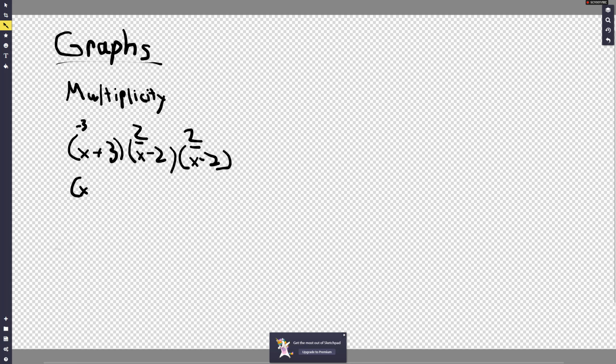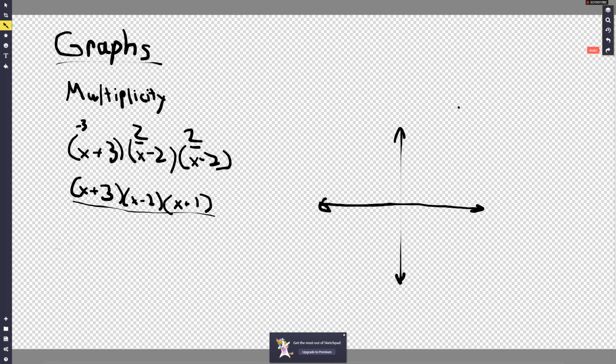Let's compare this to something like x plus 3 times x minus 2 times x plus 1, and let's get a little graph here. Let's start with the second one. We know there's going to be an x-intercept at negative 3, negative 1, and 2.